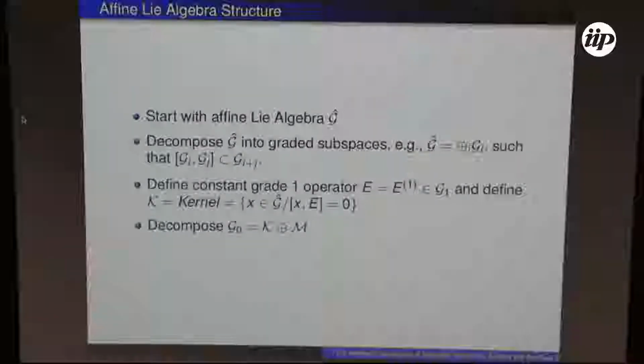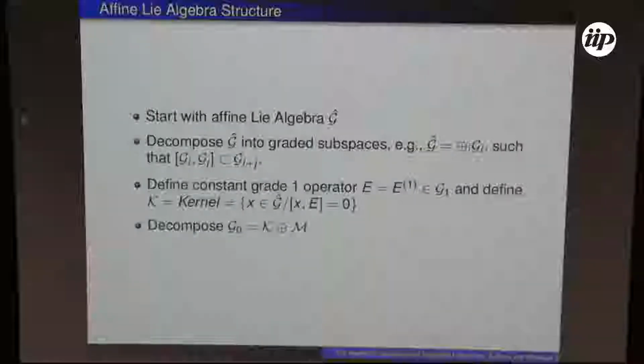I use the hat to denote the affine version, and this affine Lie algebra is decomposed into graded subspaces. For this you depend on a grading operator. So the second ingredient is a grading operator that does this job. The third ingredient is a choice of a constant grade 1 operator, which I call E.